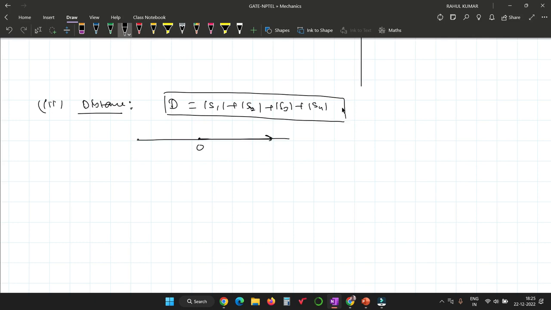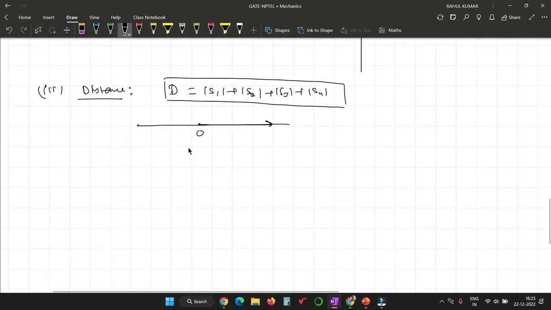Because if the particle is in rectilinear motion, then sometimes the particle is moving in this direction, and you have to add this distance, and if the particle is returning, then you have to add that also. So at every interval of time, you have to add each distance. Distance is nothing but the length of the traversed path.